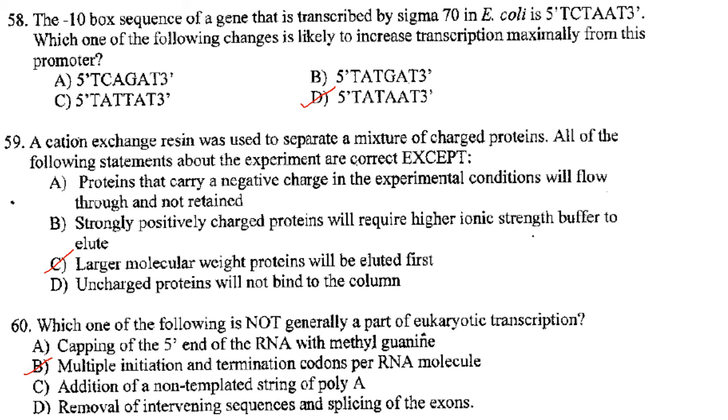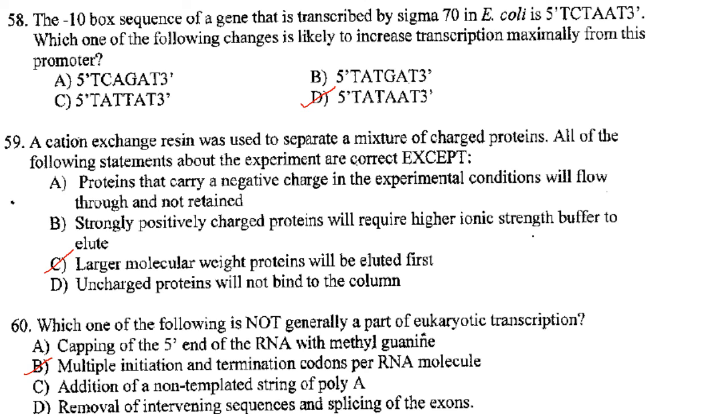So, cation exchange chromatography more specifically uses a negatively charged ion exchange resin with an affinity for molecules having a net positive charge. So here option C, that is larger molecular weight proteins will be eluted first, is not possible. It is possible with gel filtration chromatography, because cation exchange resin separates proteins based on their charge, not on the molecular weight basis. So answer will be option C.